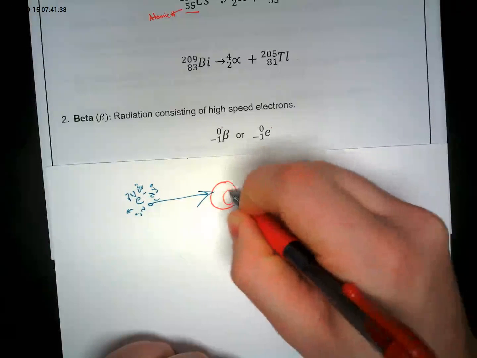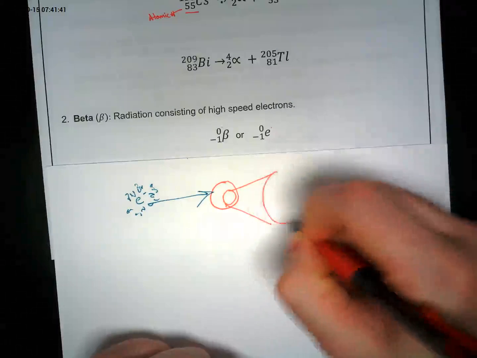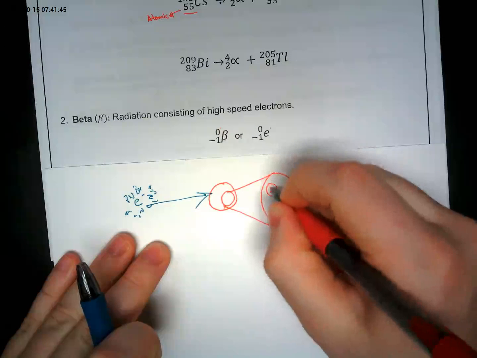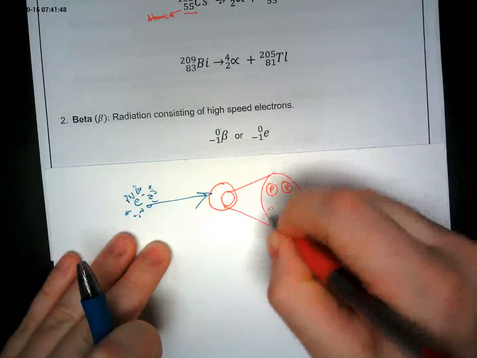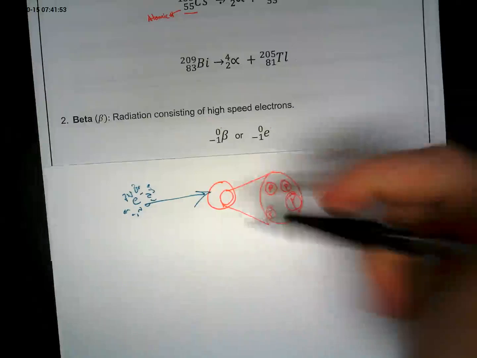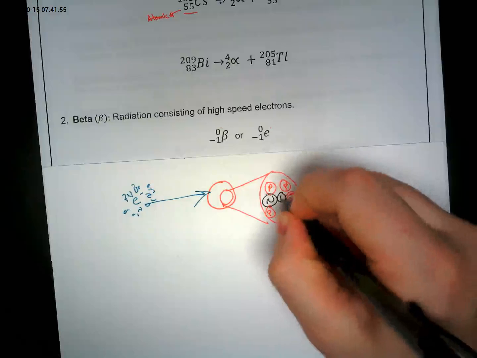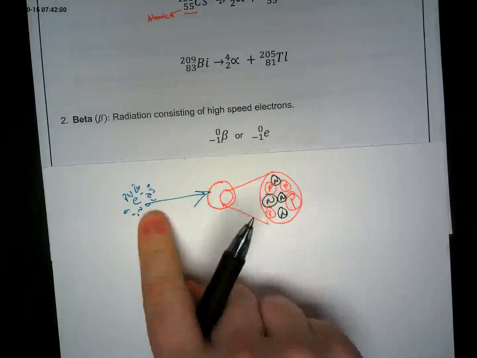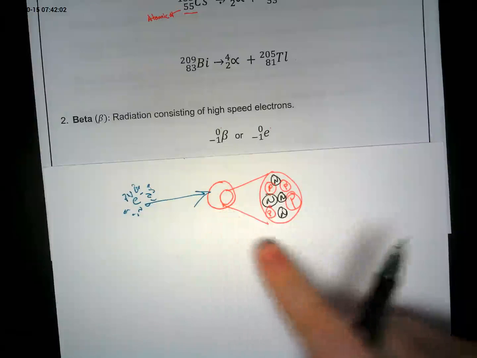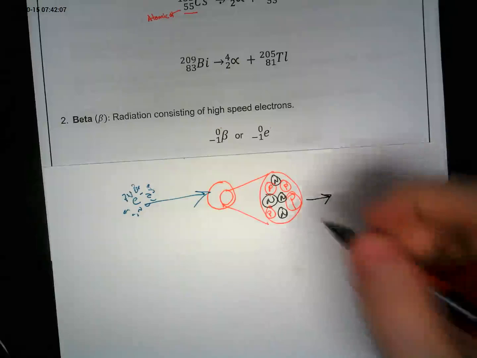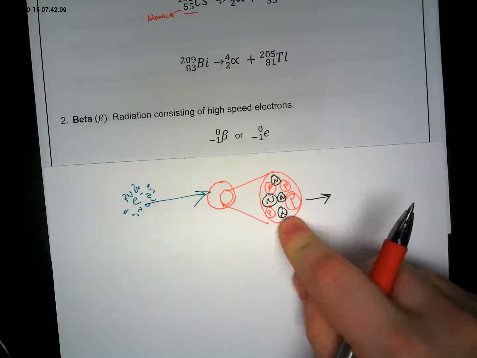So what happens? Well, this is what happens. In your atom, remember you've got your protons and you've got your neutrons. Here I'm going to make these my protons, and you have your neutrons here. When this electron slams into your atom, let's say this neutron is going to say, whoa, we can't handle this amount of energy.